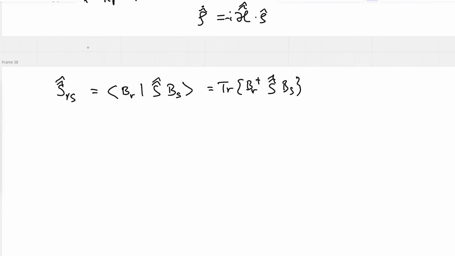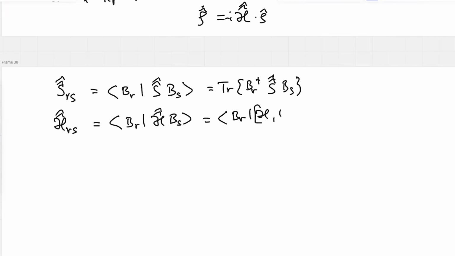So when we look at the Hamiltonian superoperator, there the component Rs would be the base operator B_R times the Hamiltonian superoperator B_S, and that would be, in this case, the product of B_R times the commutator of H with B_S, minus B_R times the commutator of B_S with H.